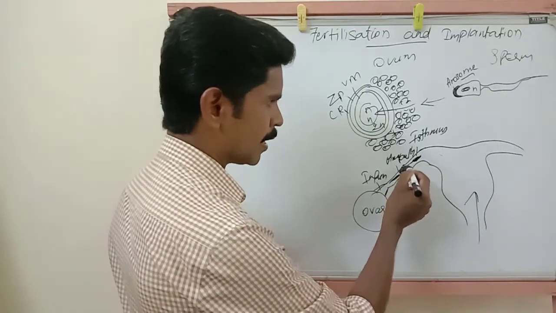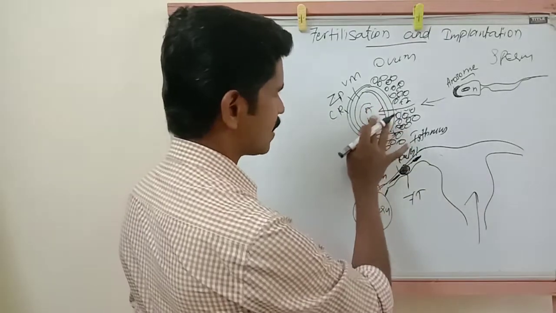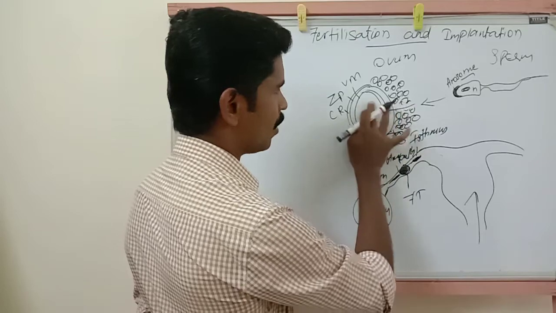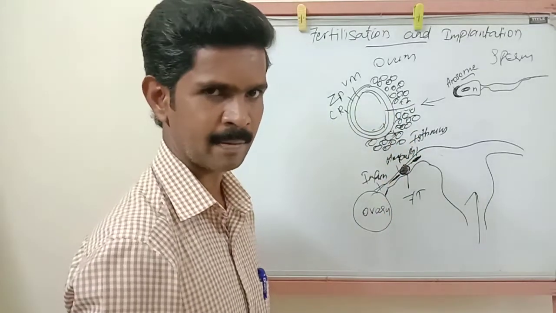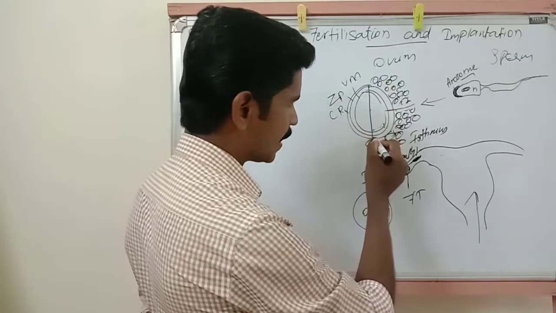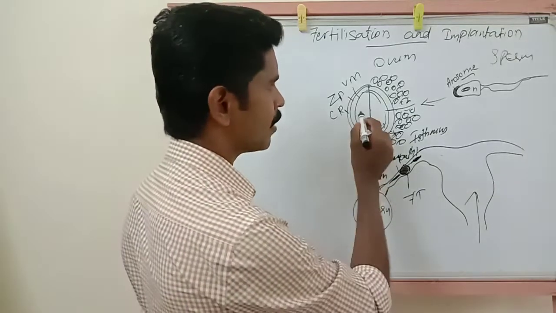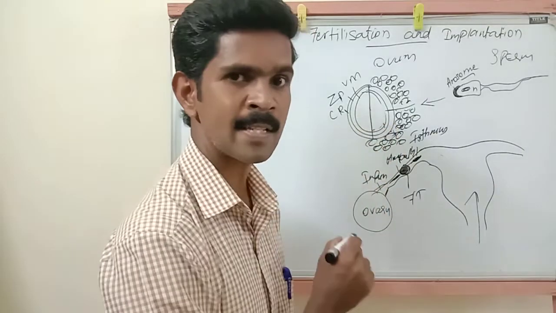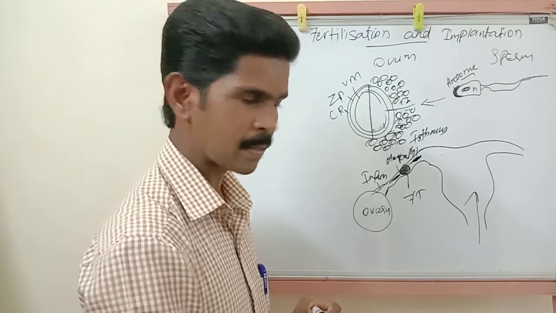Now, just imagine the fertilized egg. This fertilized egg is involved in one process. The name of that process is cleavage. That means by the process of cleavage, the single zygote or fertilized egg is divided into two cells. Now these are called blastomeres.